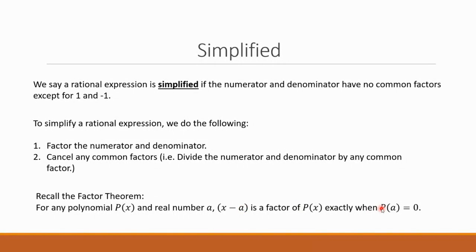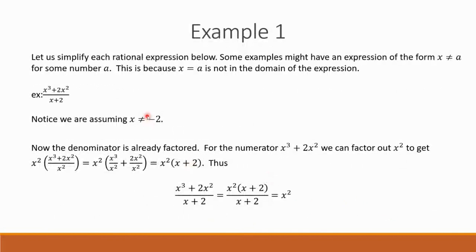You just do p of that number, and if it equals 0, then this is a common factor. So if the numerator and denominator both map a number a to 0, then they have a common factor. Okay, that might be causing more confusion, so let's dive in and do some examples.